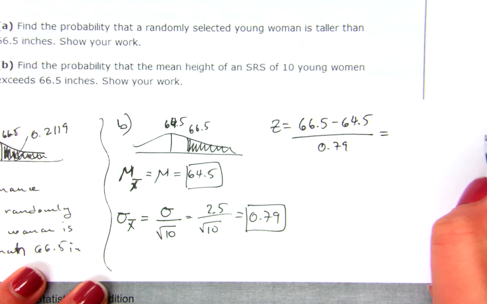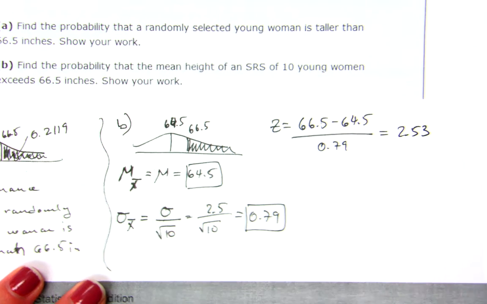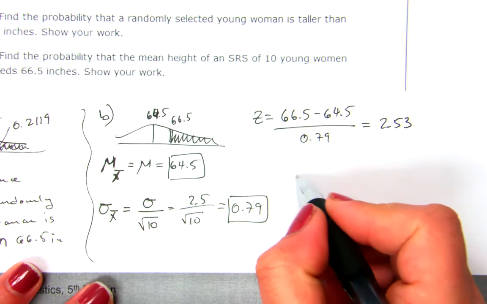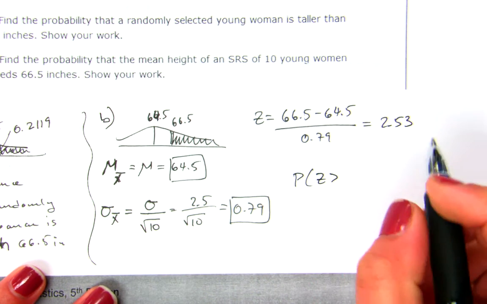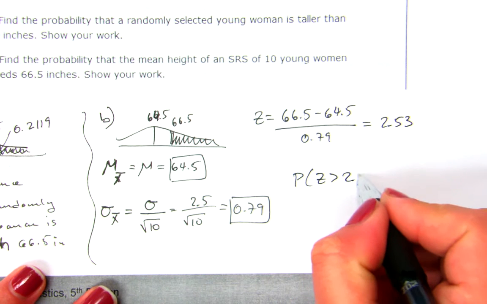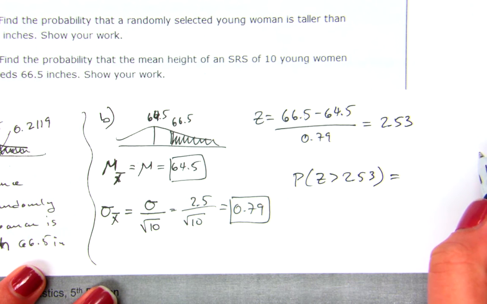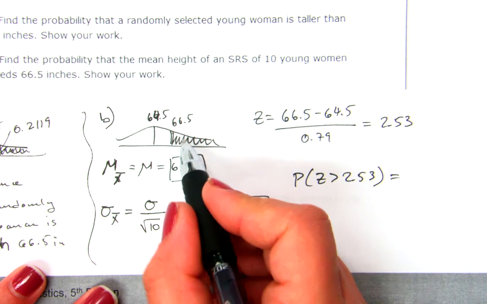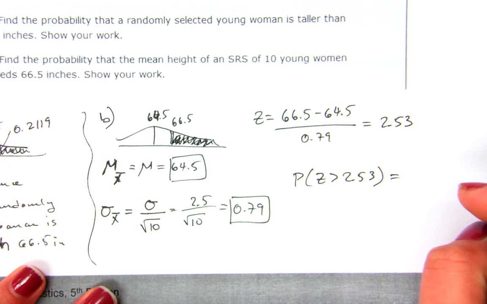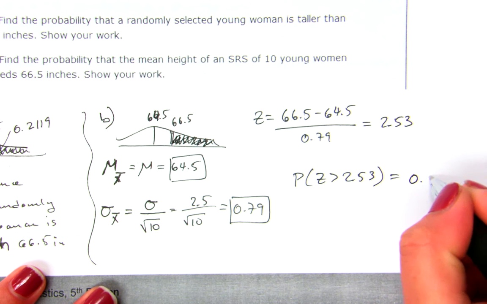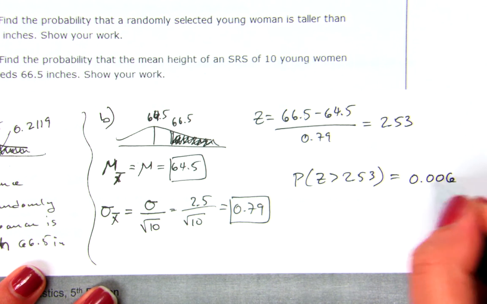I should get a z-score of 2.53. Okay? So now the question is, on the z-table, the probability of getting a z-score that's more than 2.53 should be, if you're doing it correctly, 0.0057.